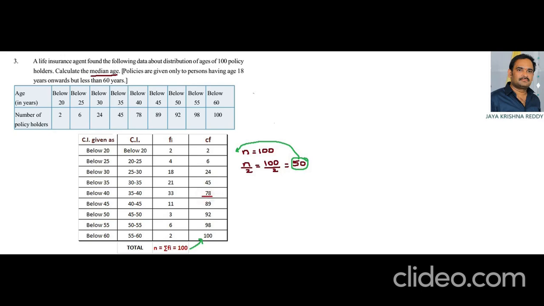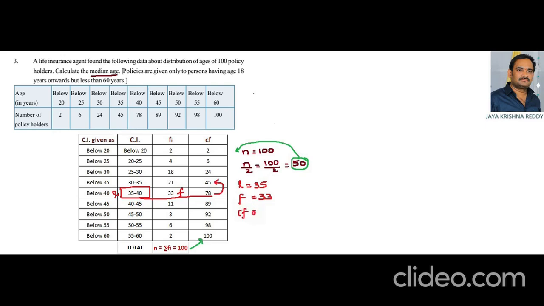So this is our median class, and the class interval is 35 to 40. So the L value is the lower limit of the class interval, 35, and the frequency value is 33, and the CF value is from the class preceding the median class.